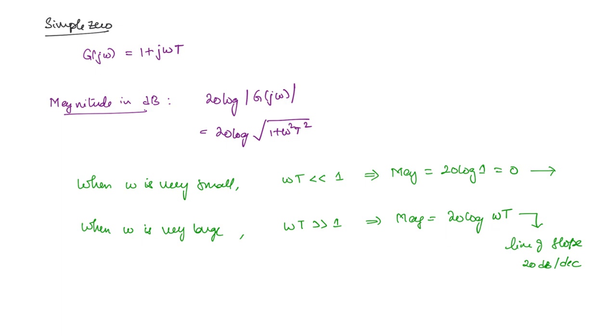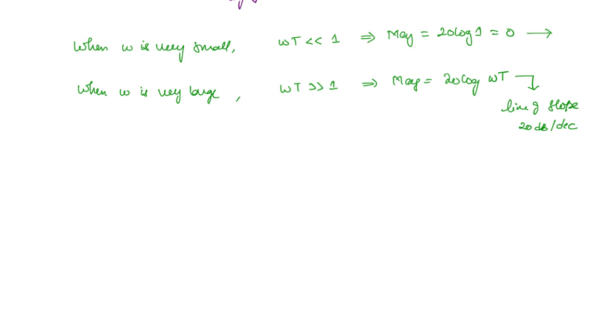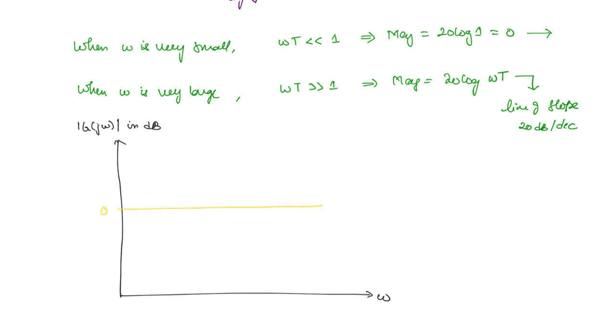So when we draw the magnitude plot, this is the magnitude axis, this is the frequency axis, mod of G of j omega in dB. Now if you draw these two plots, this is 0 dB, let us say. So this is the plot when omega is very small. And what about when omega is very large? It is a line of slope 20 dB per decade.